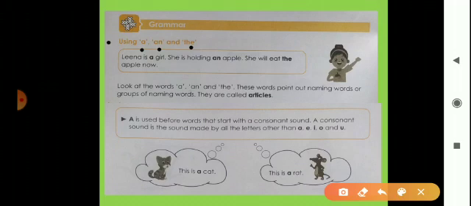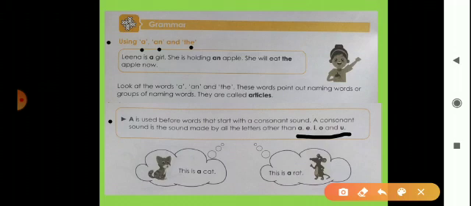Now look here. A is used before words that start with a consonant sound. A consonant sound is the sound made by all the letters other than A, E, I, O and U. What is this? A, E, I, O, U. These are vowels, and the other letters are consonants.